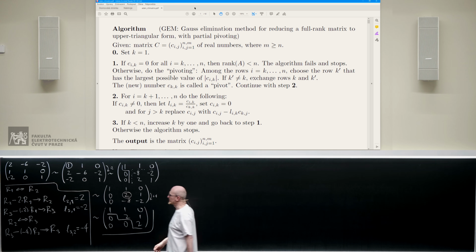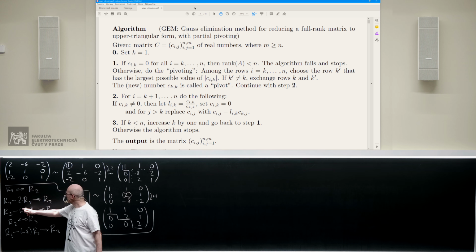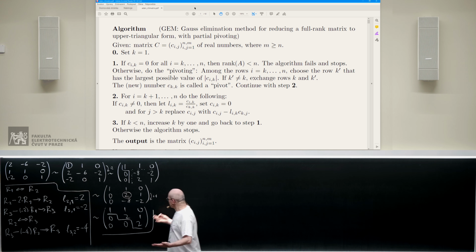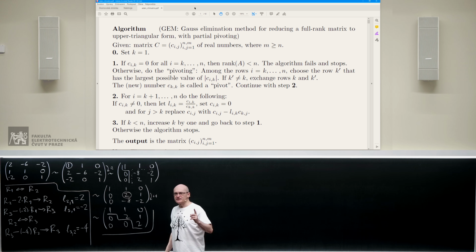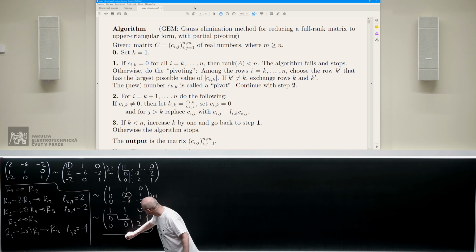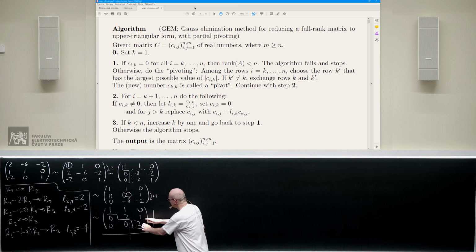Only 2 operations allowed. Switching of rows and modifying a row using pivot row. Now, if the matrix were larger, and it need not be square, by the way, then I would simply follow. I would say, okay, the first 2 columns and the first 2 rows are done, and I look at the resulting submatrix, and I keep going like that.